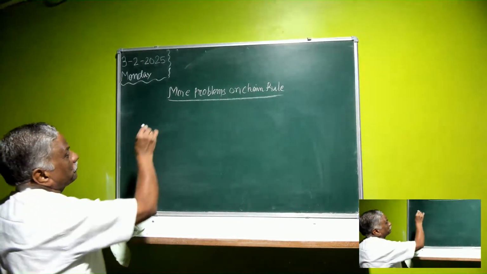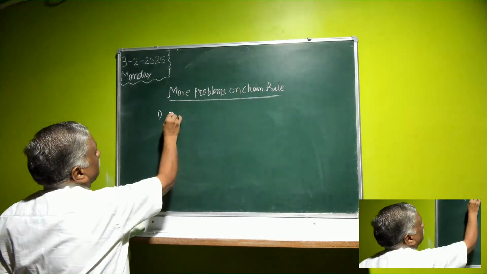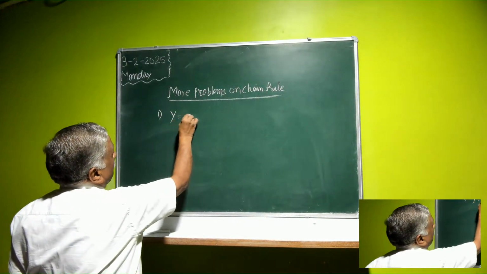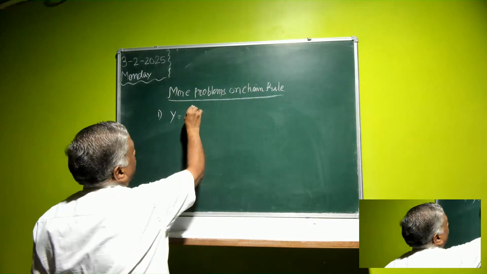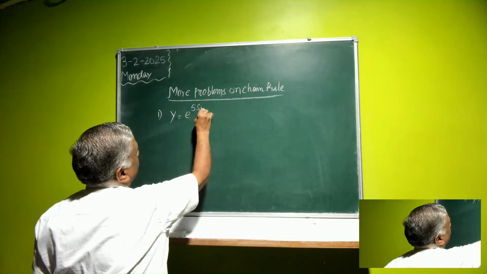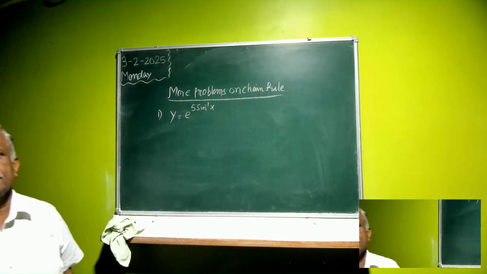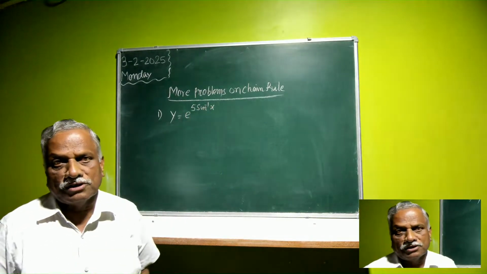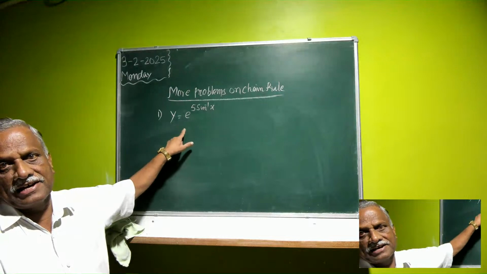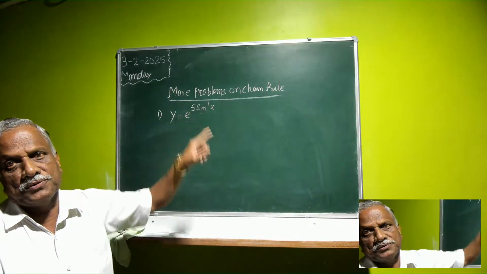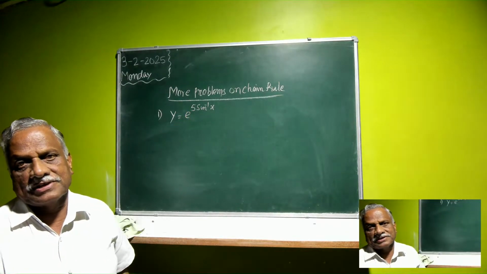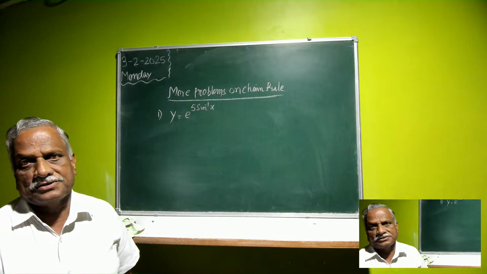First problem, y is equal to e to the power of 5 sine inverse x. Normally what do we do? We take y as e to the power of u, where u is 5 sine inverse x. That's the actual method.